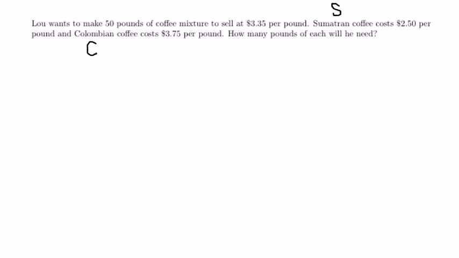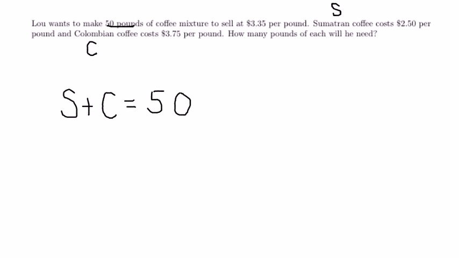And we have to think about what equations we can get from this. One of the equations is easy. 50 pounds of coffee. S plus C equals 50. Now we have to think about how we are going to take into account price.